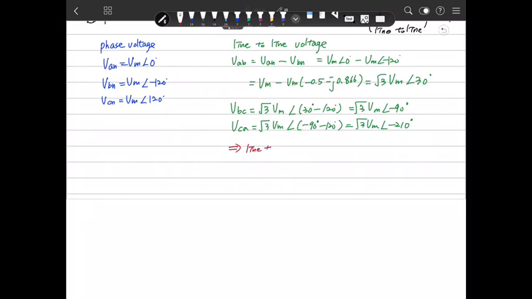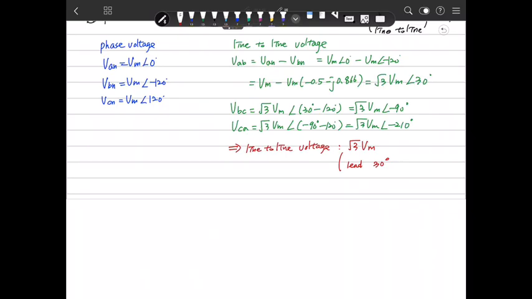The line-to-line voltage magnitude is square root 3 times of VM, and phase is lead 30 degree compared to the phase voltage.